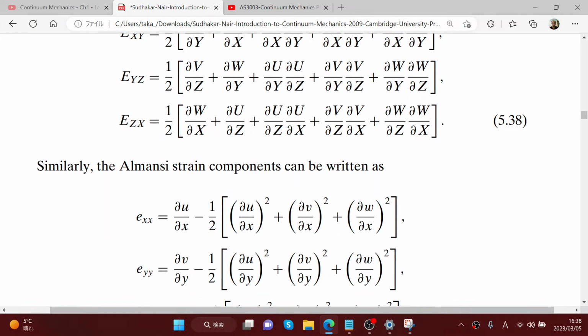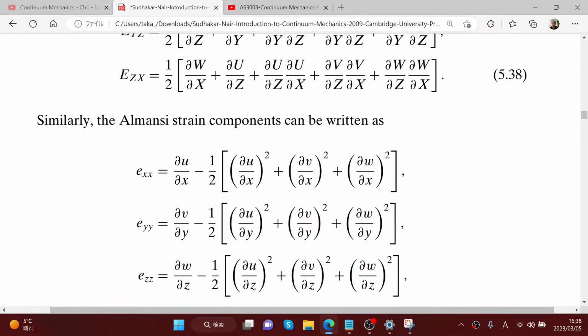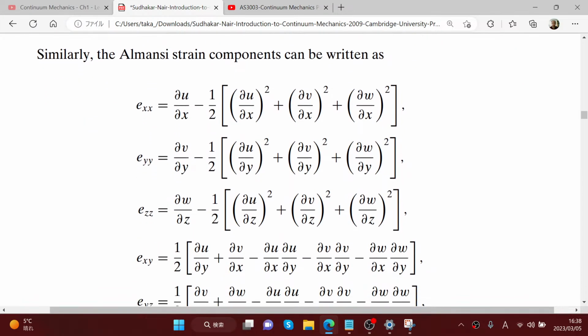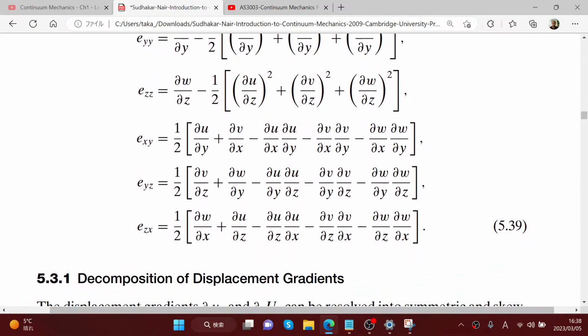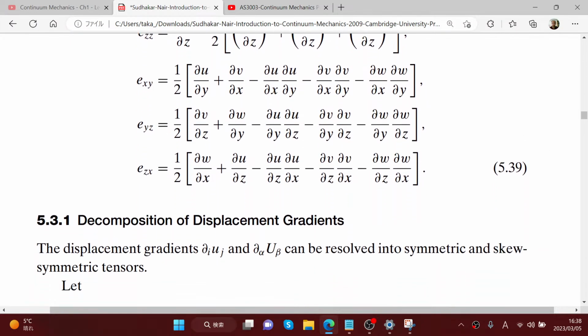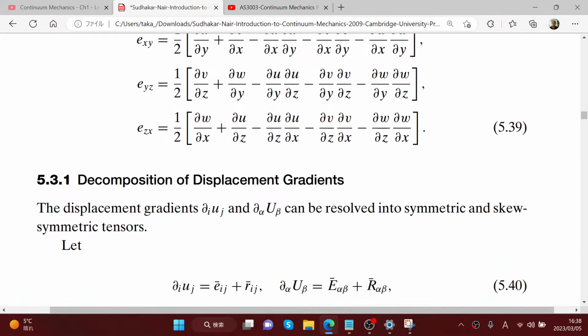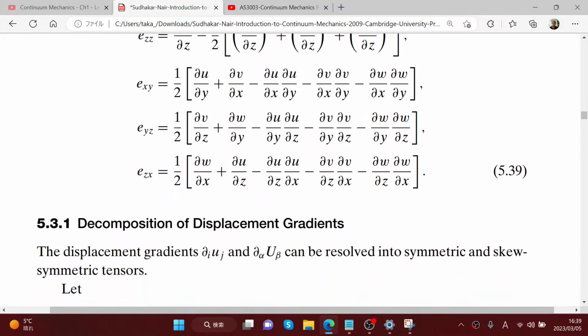Similarly, the Almansi strain components can be written as exx, eyy, ezz, exy, eyz, something like this, okay? So very complicated.